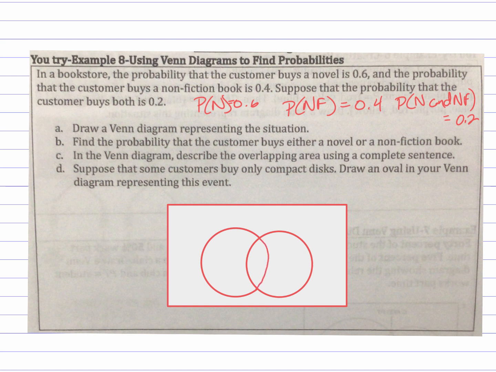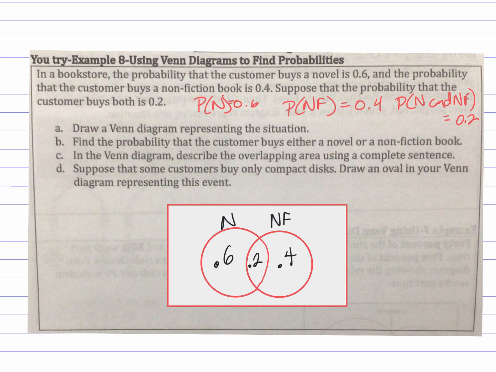Perfect. All right, so this is going to be my larger, so this is my 0.6, a novel, so this is my novel event, and then my nonfiction event is a little smaller, that's 0.4, and my combined is 0.2.